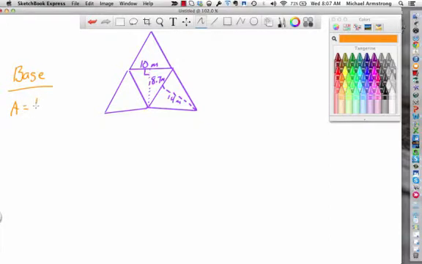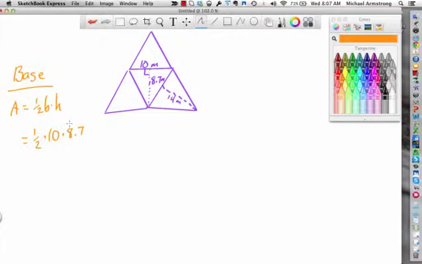Area equals 1/2 base times height, which is 1/2 times 10 times 8.7. 10 times 8.7 is 87, and 1/2 of that would be 87 divided by 2.